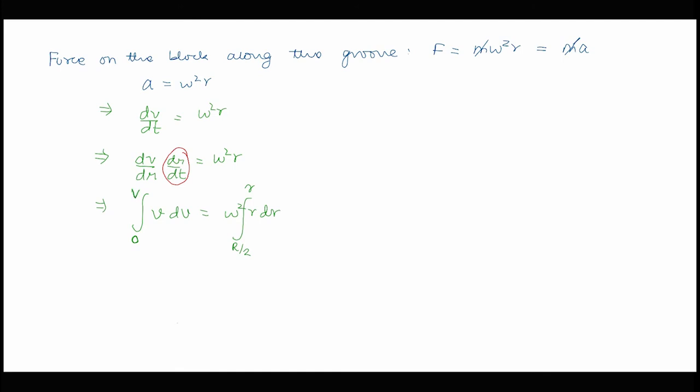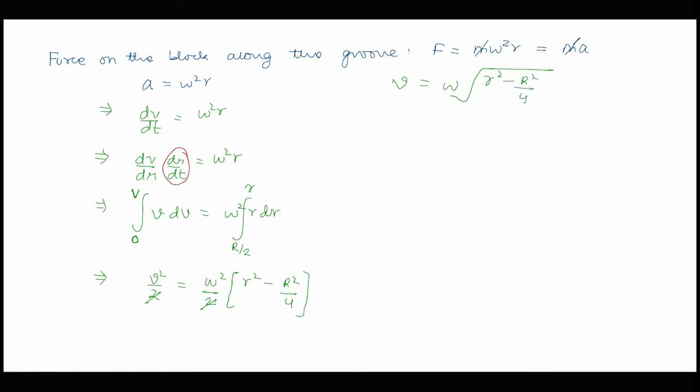So if we solve this expression, we will obtain v square by 2 is equal to omega square r square minus r square by 4, and hence there will be r square by 2 from integration of r dr. So we can chop this 2 off, and the value of velocity which we obtain is equal to omega root over r square minus r square by 4.